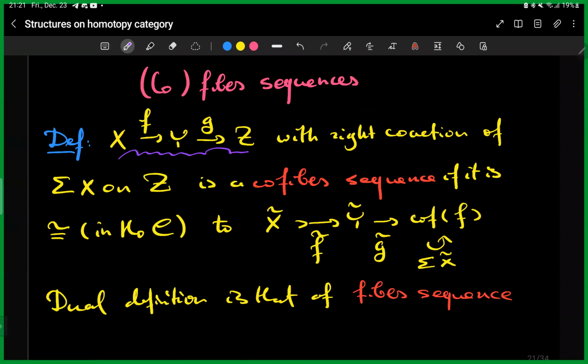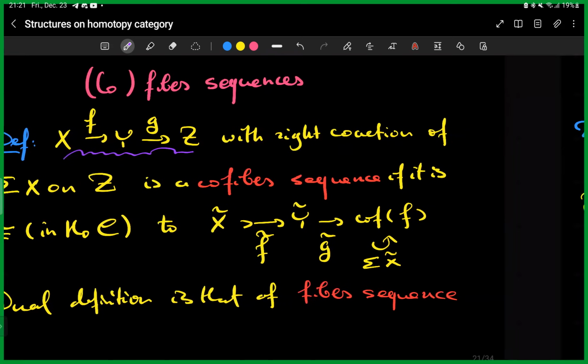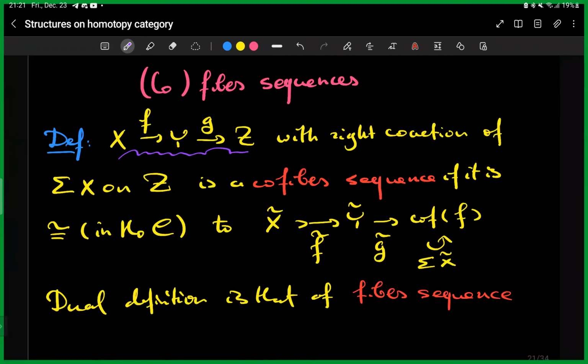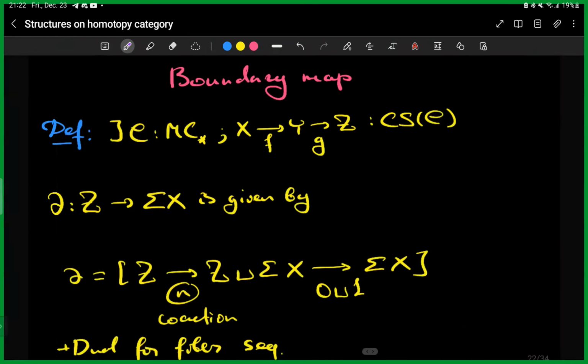And the dual definition gives us fiber sequences. So we have these two kinds of sequences, which do not look like sequences right now, but we'll see in a short while that we actually can extend them infinitely in both directions.